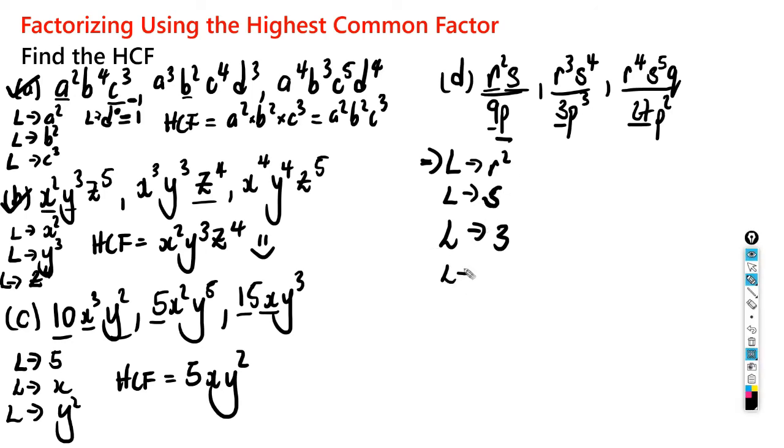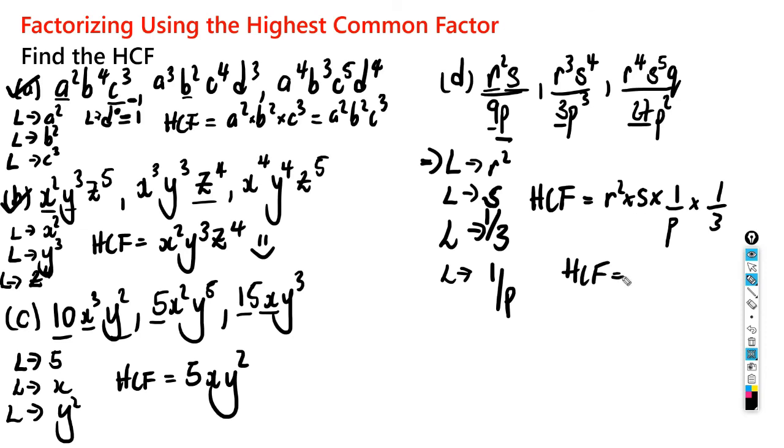So for the one with the denominator, it's 1 over p. And this is 1 over 3. So we're going to multiply them all out. Remember, these are 1 over the 3, right? It's being divided by. So we're going to get r squared multiplied by s multiplied by 1 over p multiplied by 1 over 3. And the HCF, we're going to end up with r squared s over 3p. And that's the answer. All right, guys?